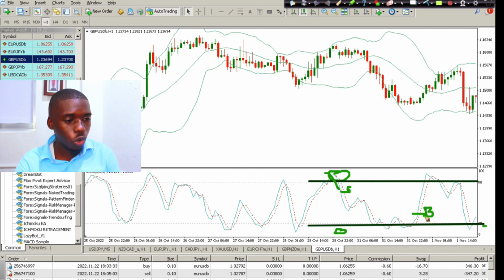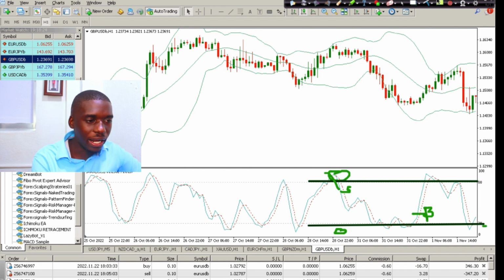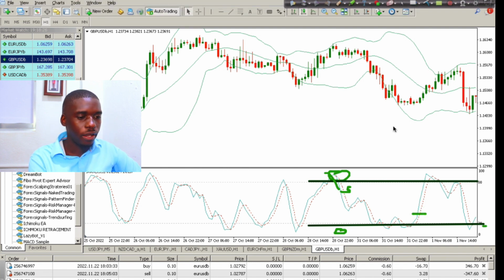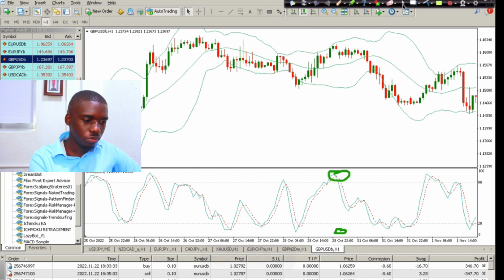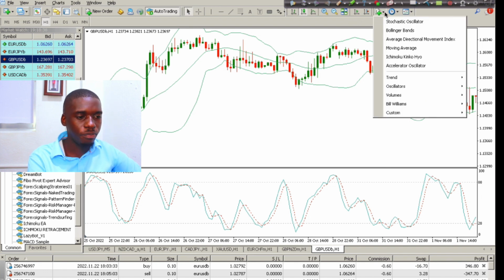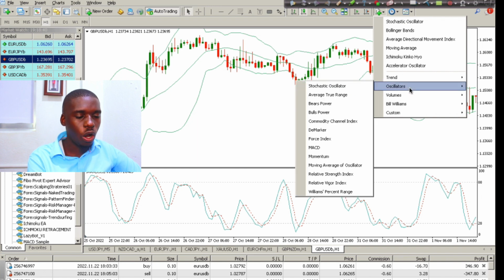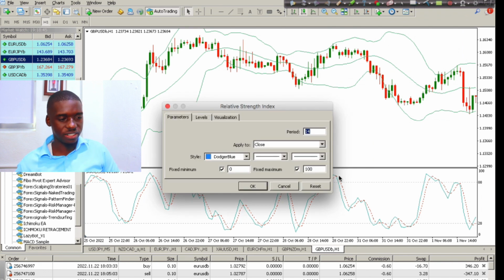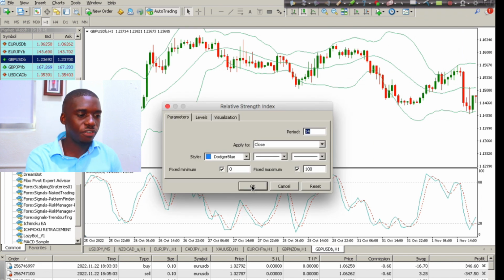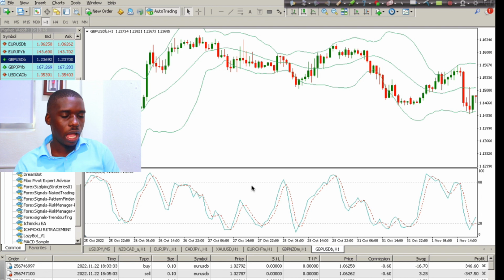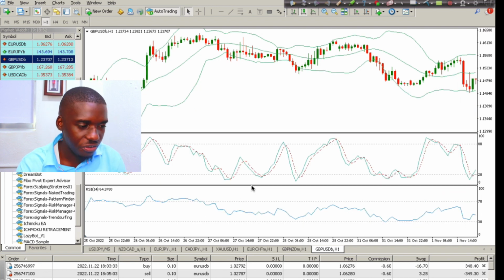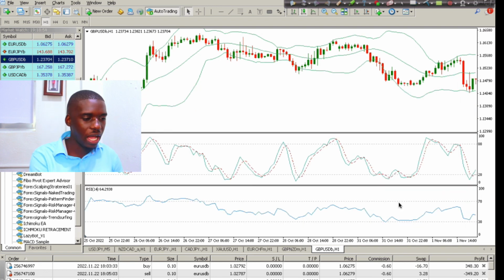Then we shall also look at the RSI, which is another strong momentum indicator, and this one can be interpreted like the stochastic. We get it from here, go to oscillators, and look for RSI. RSI stands for Relative Strength Index. Make sure you leave the default settings, and it will appear here.